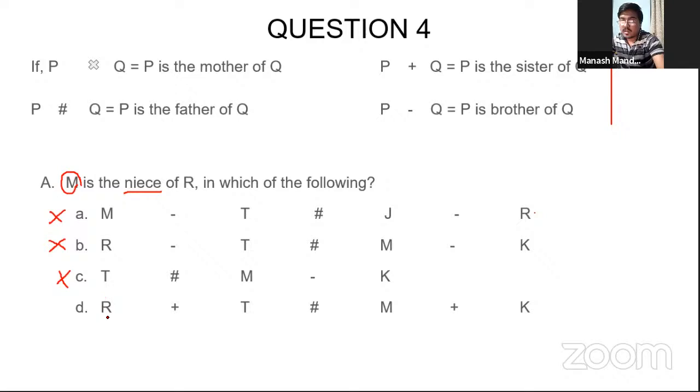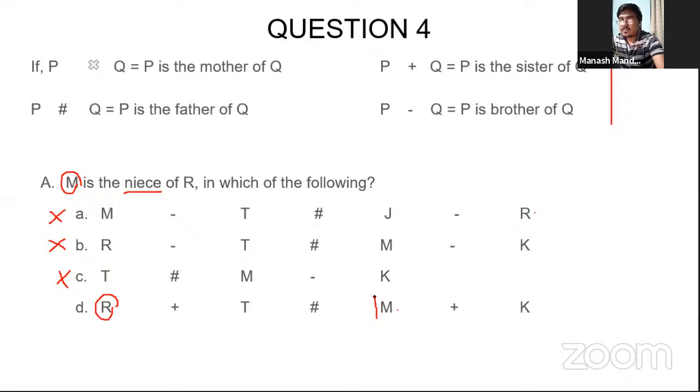It has to be female. And here, if you see R plus T, R plus T is basically plus sister. So this is becoming a female plus T. T is the father of M.